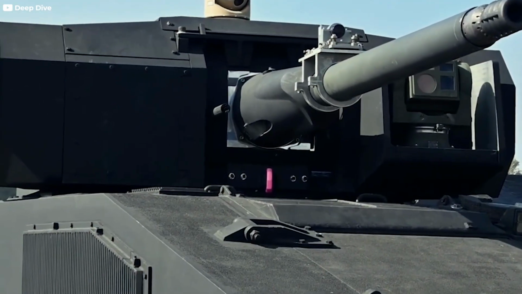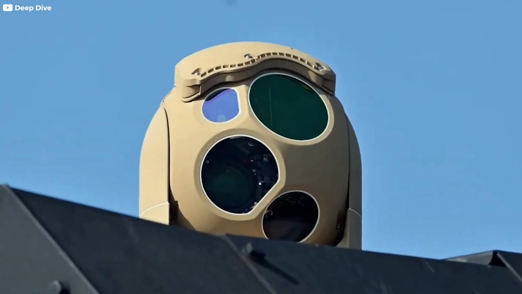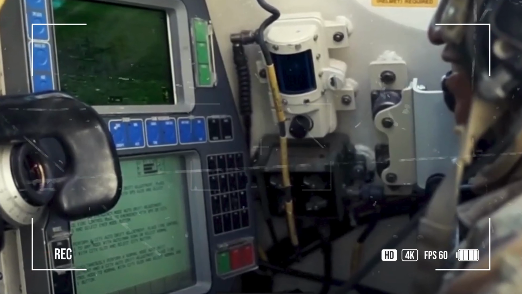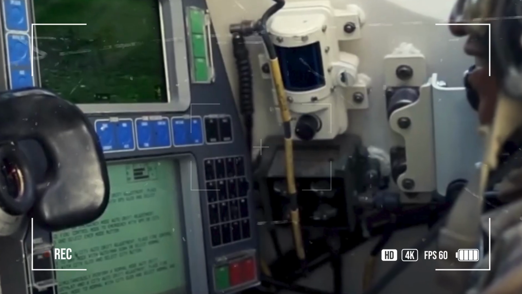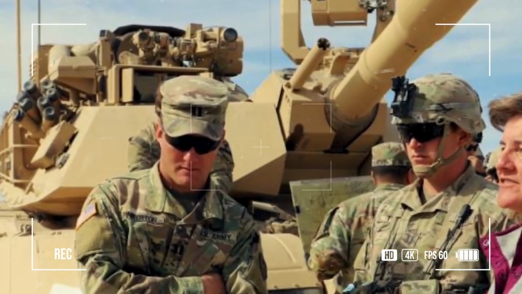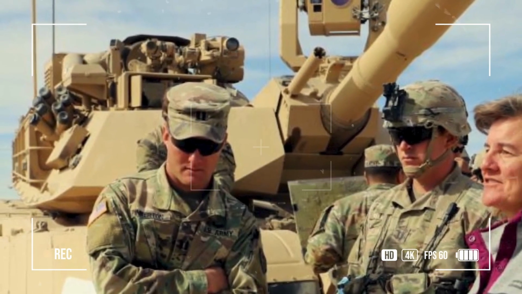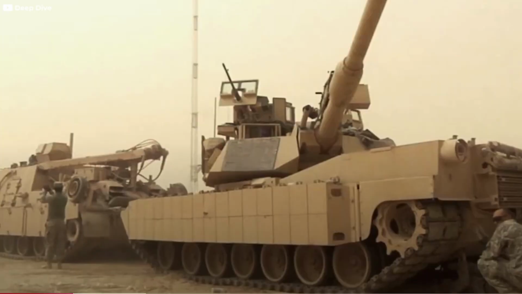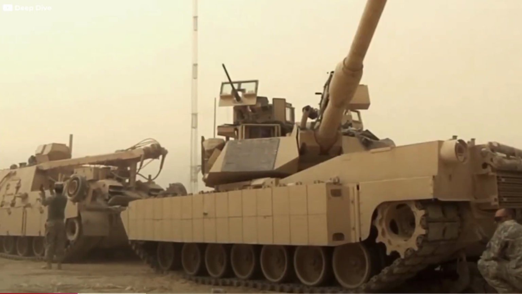AI-based quality control systems monitor the assembly process in real time, using sensors and diagnostic tools to detect potential issues before they become problems.